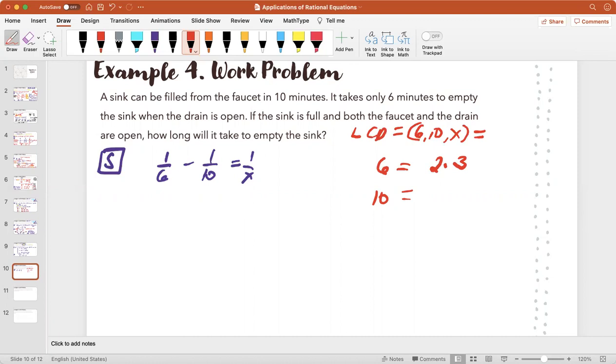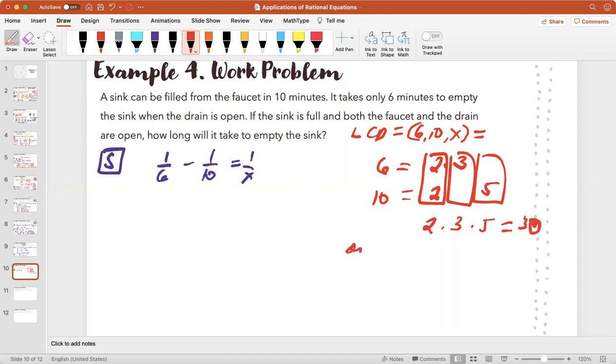How about 10? You have 2 times 5. But this is only a box for 2, this is a box for 3. Where shall we put 5? In another box. Now we simply bring down 2, 3, 5. 2 times 3 is 6, times 5, you have 30. That's one method. Or you can do skip counting.